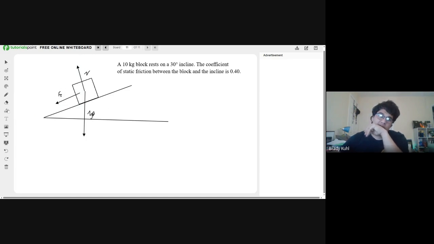First thing we do is rotate the coordinate system. So let's create a flat line.